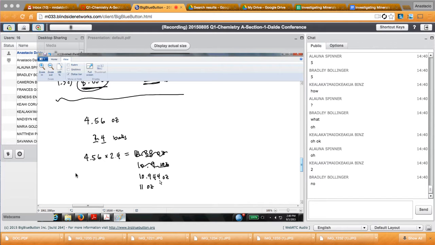So what you do is if you're multiplying two numbers together, and one has three significant figures and one has two, you take the one that has the least amount of significant figures, and you round your answer off to only have that many significant figures, because that limits your measurement. It's kind of like that saying, your team is only as good as its weakest player. Your answer is only as accurate as the least accurate measurement that you have. Does that make sense?